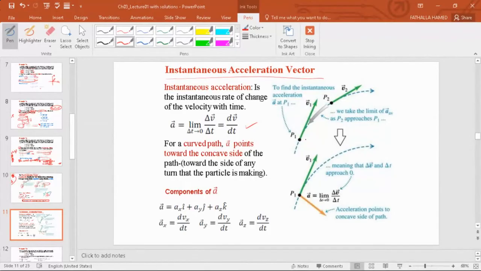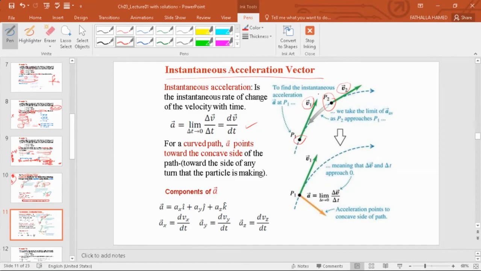So now, at position 1, we said that the velocity v1 should be tangent to the curve, and at position 2, v2 should also be tangent to the curve. But the acceleration now works on changing the velocity.